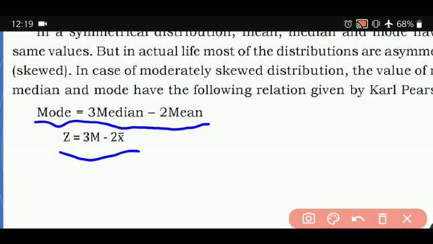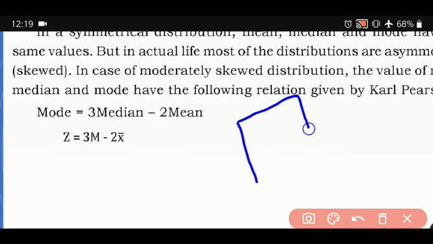Now first, what is the meaning of symmetrical and asymmetrical? Symmetrical means any diagram that you can cut into equal parts. For example, see, this square is symmetrical. When you divide this into two, and match this part and this part together, they are symmetrical in nature, right? Now one more example.